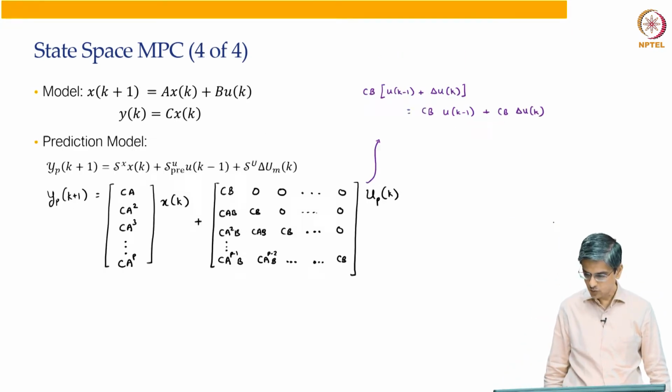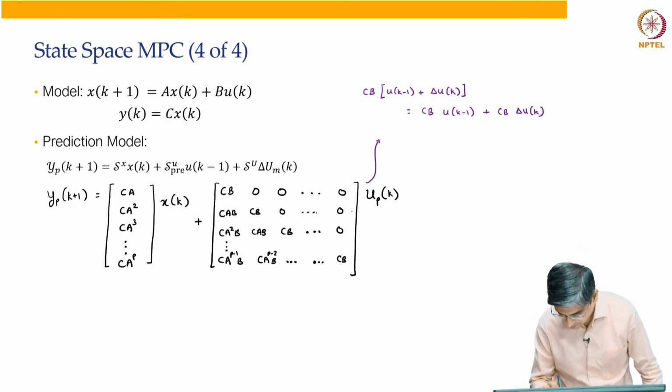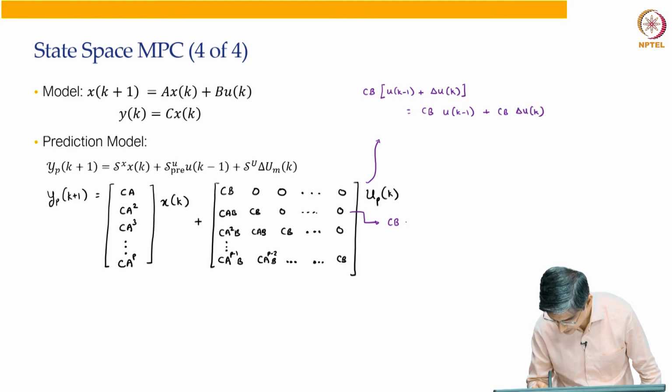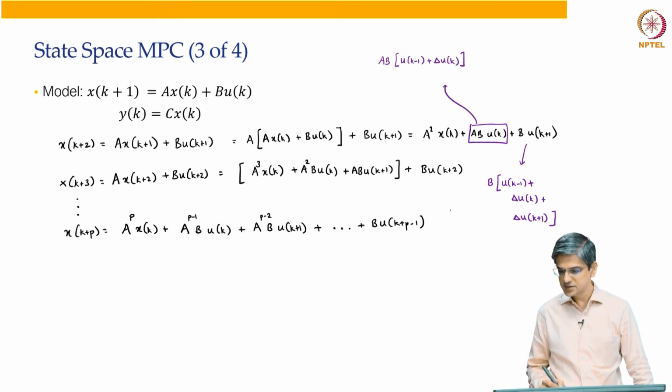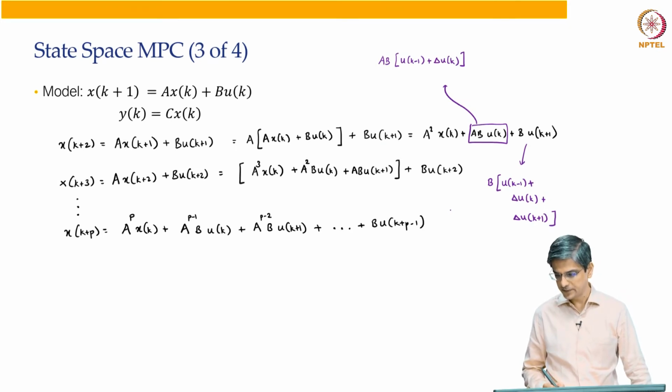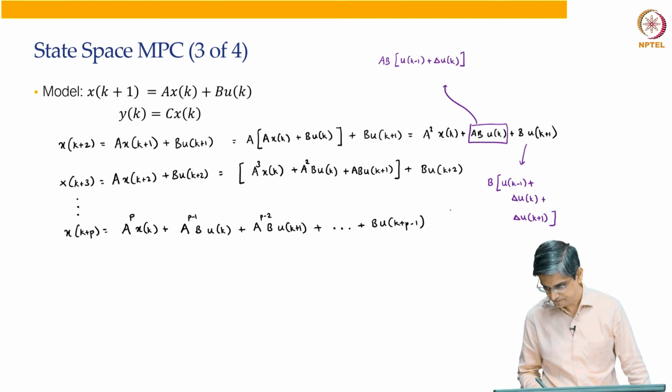Okay. So, what is that going to lead us to? The second row is going to lead us to CB multiplied by u k minus 1, okay, plus CB multiplied by delta u k.